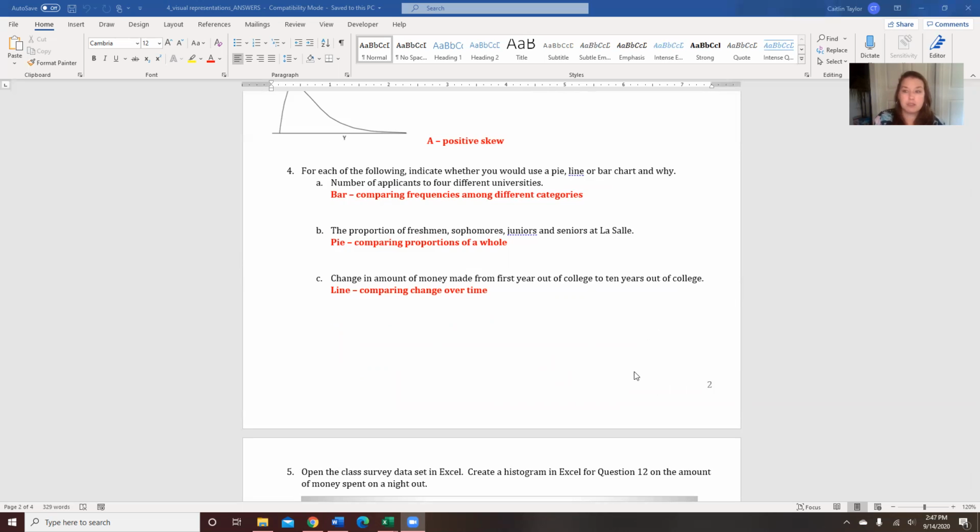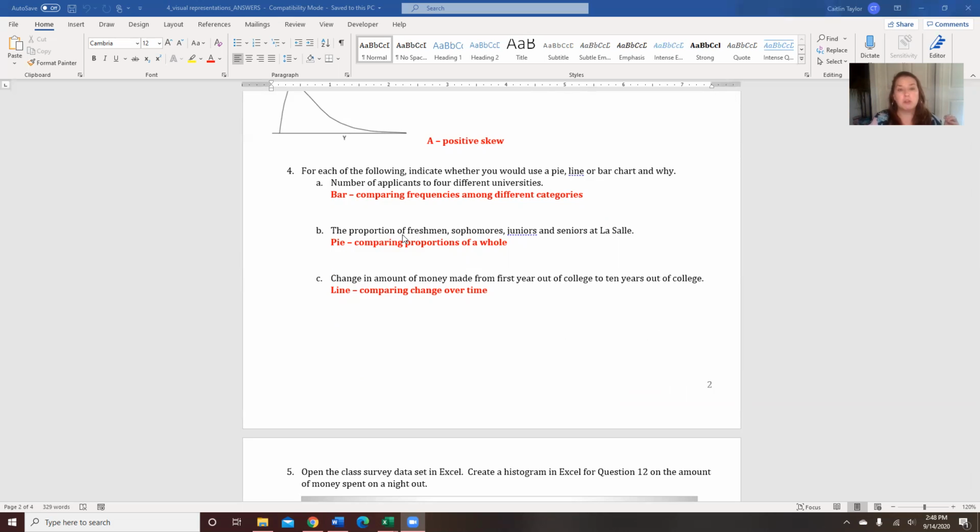You would not necessarily want to use a pie chart because we're not talking about anything related to percentages of a whole, right? What doesn't matter is what percent apply to one university compared to another, but rather how do the frequencies vary up and down for the different universities. So that's why bar would be appropriate.